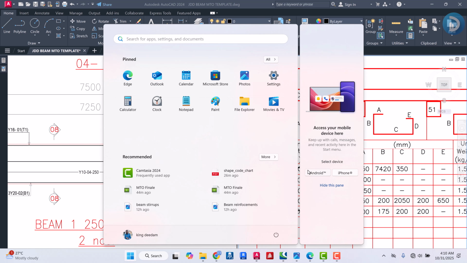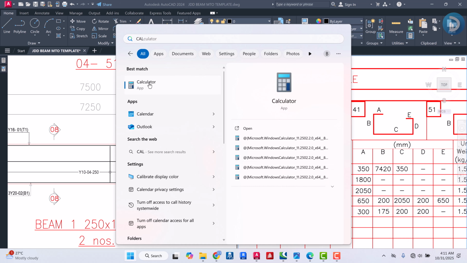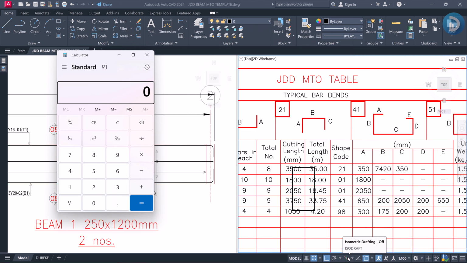So I'll just have to pull up my calculator. I'll have to multiply 350 millimeter by 2, and add my 7420, right?